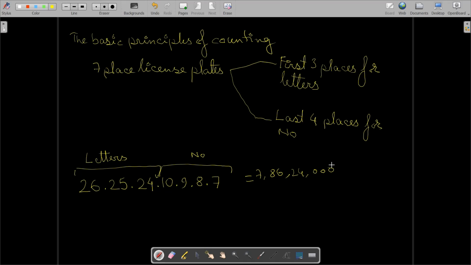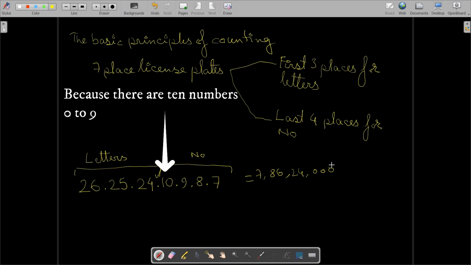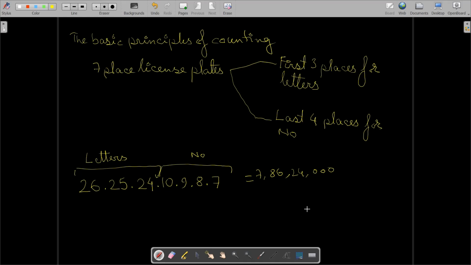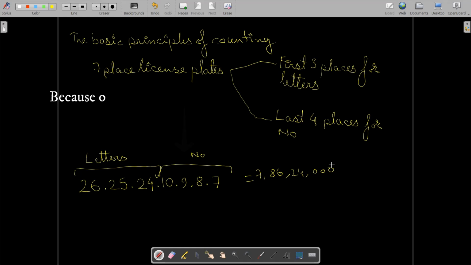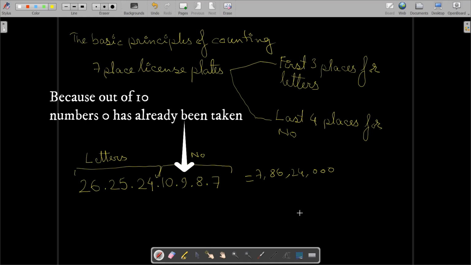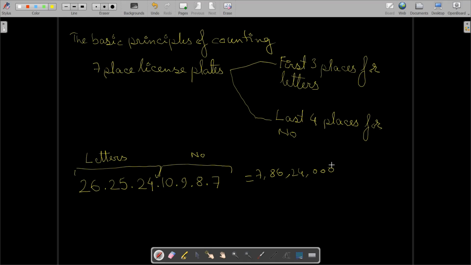Now, for the last four places, at first I have written 10 because I have to choose from the pool of 10 numbers, that is from 0 to 9. Let the first number be 0. I have written 9 at the fifth place because as number 0 has already been placed and it cannot be repeated, I have to choose from 9 numbers.